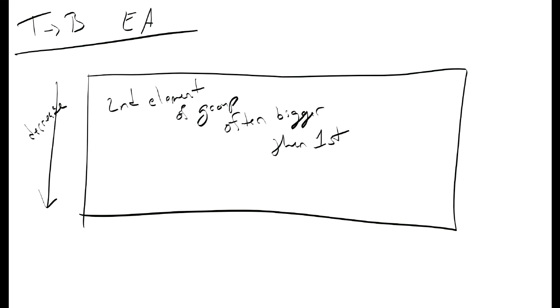That is to say, the electron affinity of the second element of the group is often bigger than the electron affinity of the first. So, for example, you have hydrogen versus lithium. You have beryllium versus magnesium. You have oxygen versus sulfur, fluorine versus chlorine, helium versus neon.